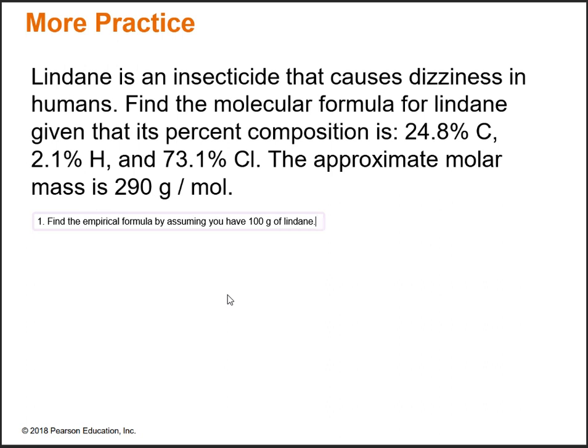And then you go from grams to moles. So try to get to the empirical formula. I'll give you like 5 minutes, and then you can put your answer in the chat box. I'll just be sitting here waiting.